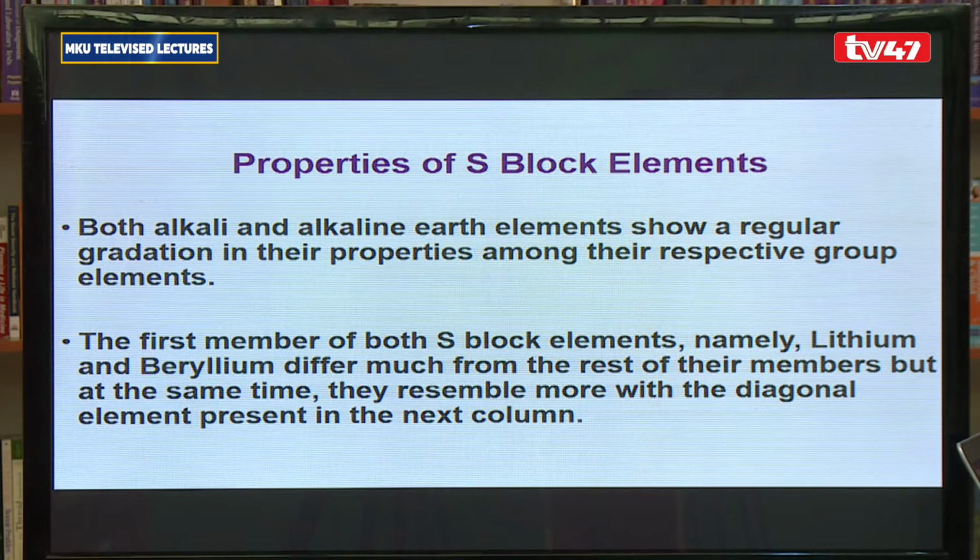For instance, sodium carbonate cannot be decomposed but lithium carbonate can be decomposed to lithium oxide and carbon dioxide. Lithium nitrate also decomposes completely to lithium oxide, nitrogen dioxide, and oxygen.